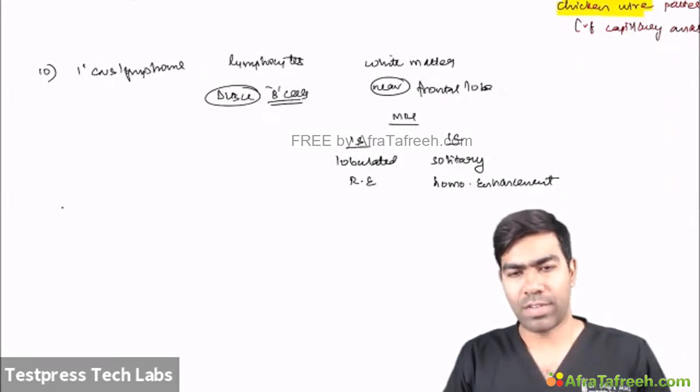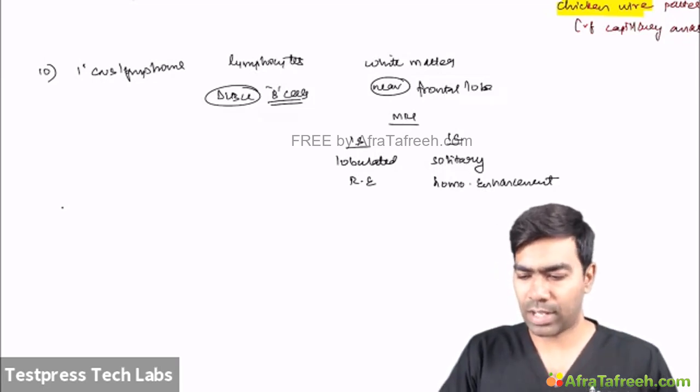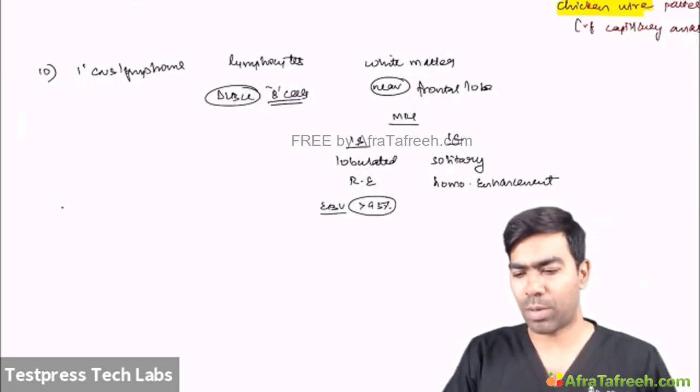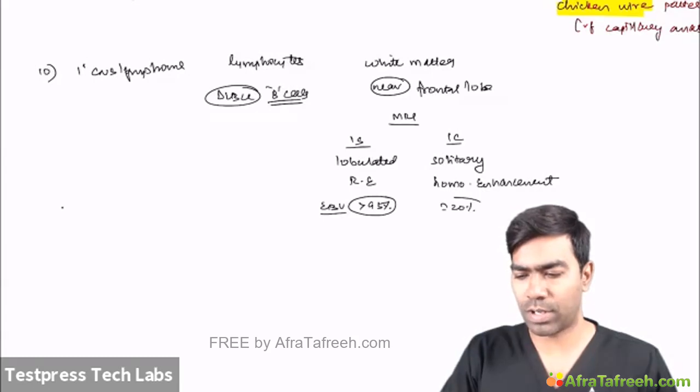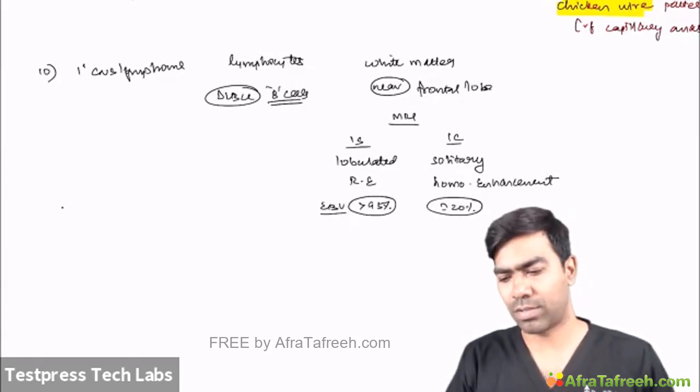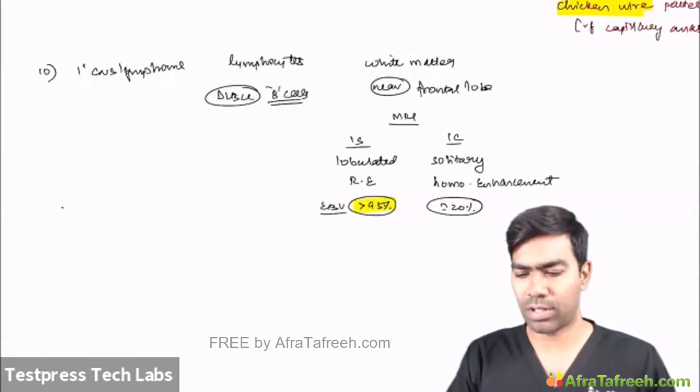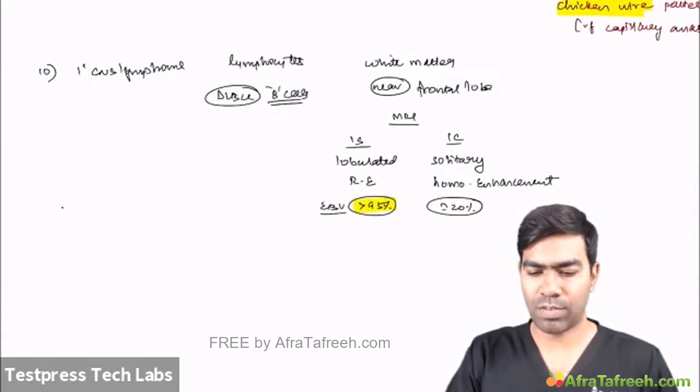So there is a lot of difference between immunocompetent and immunosuppressed people. EBV serology is positive in more than 95% of immunosuppressed people. In immunocompetent people, EBV serology will be positive only in 5 to 20%. So EBV serology is very important in the exam if they want to ask about primary CNS lymphoma.